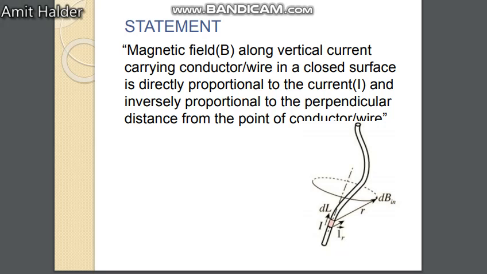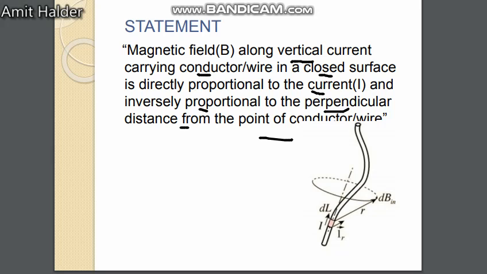That means it totally depends on the vertical current carrying conductor, and in a closed surface it is directly proportional to the current and inversely proportional to the perpendicular distance from the point of the conductor wire.